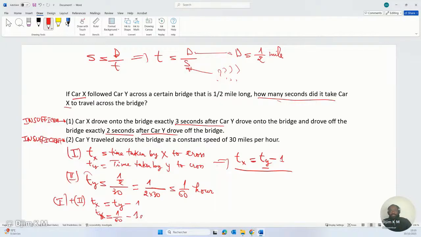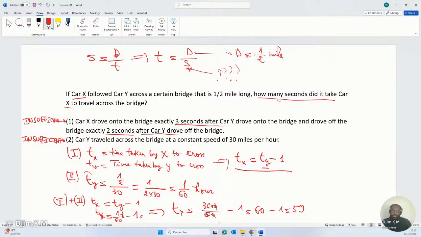Let's just continue the calculation here. So this is in hours, this is in seconds. We know that 1 hour is made up of 3,600 seconds, so this will be 60 minus 1, which is going to give us 59.